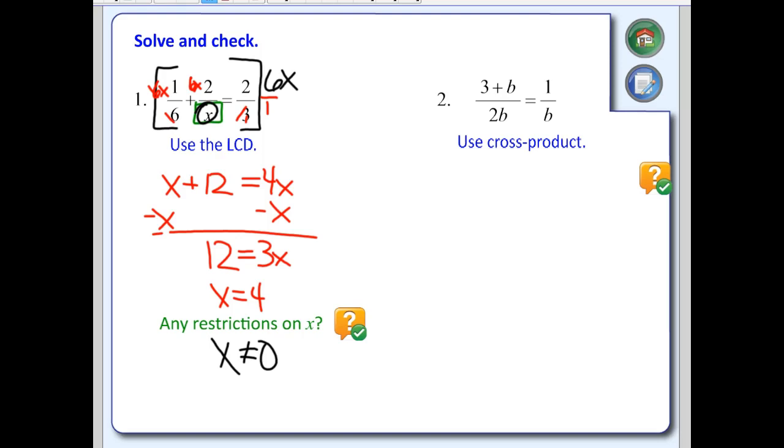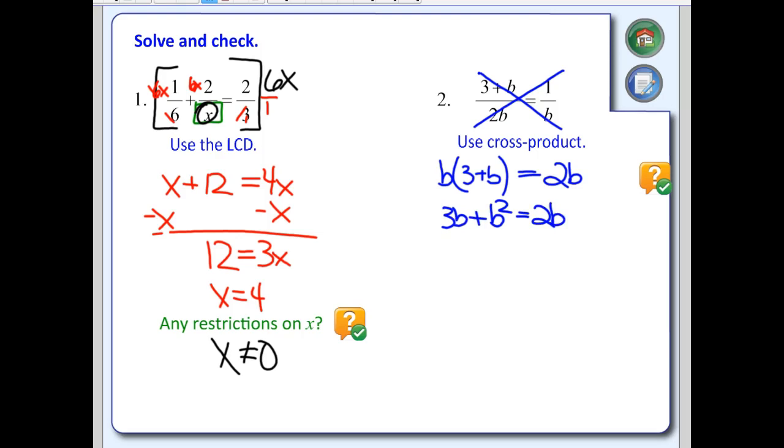And so we could say b times 3 plus b equals 2b times 1 is 2b. Now what do I need to do? We're solving. I've got to take care of that distributive property. So we've got 3b plus b times b is b squared equals 2b.